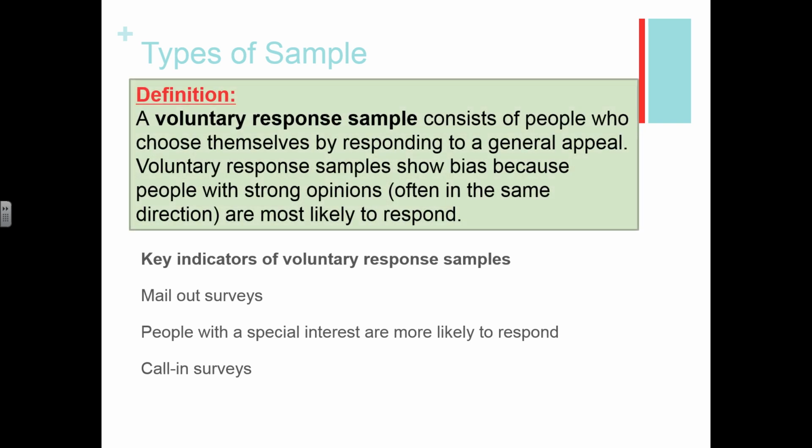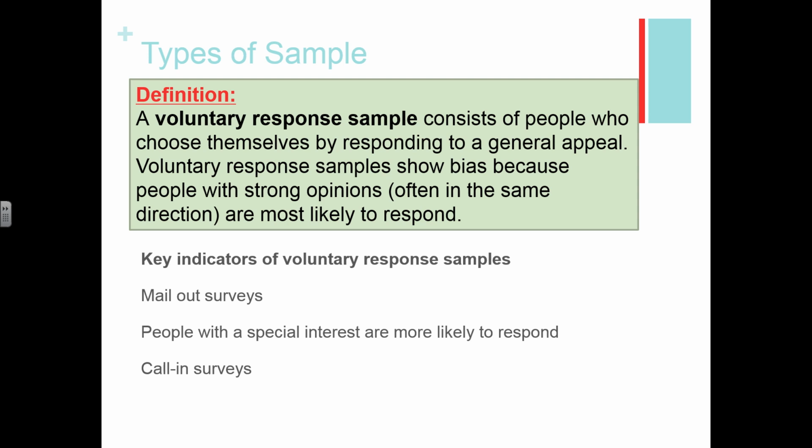All right, so the next type of sample is your voluntary sample. A voluntary sample, again, is just what it sounds like. People are volunteering themselves to be part of the sample or the study. A lot of times you see this with mail-out surveys. I've even seen it at the mall, like you're walking in the mall and somebody asks you to stop and answer a couple questions. Call-in surveys, all those types of things are voluntary surveys.